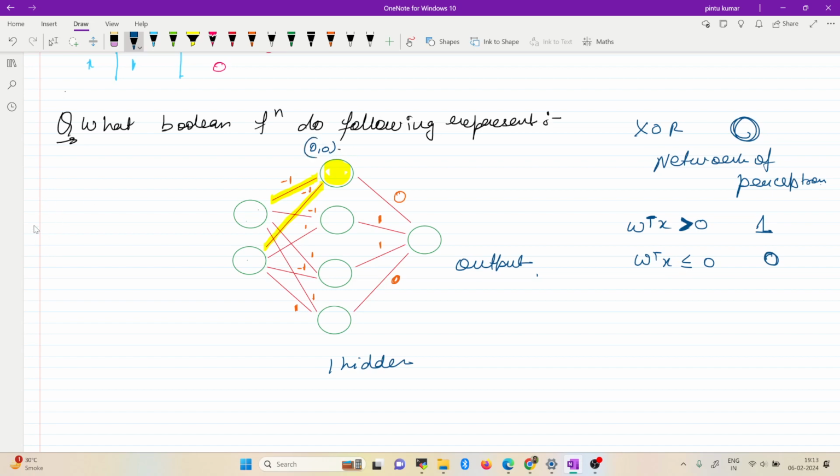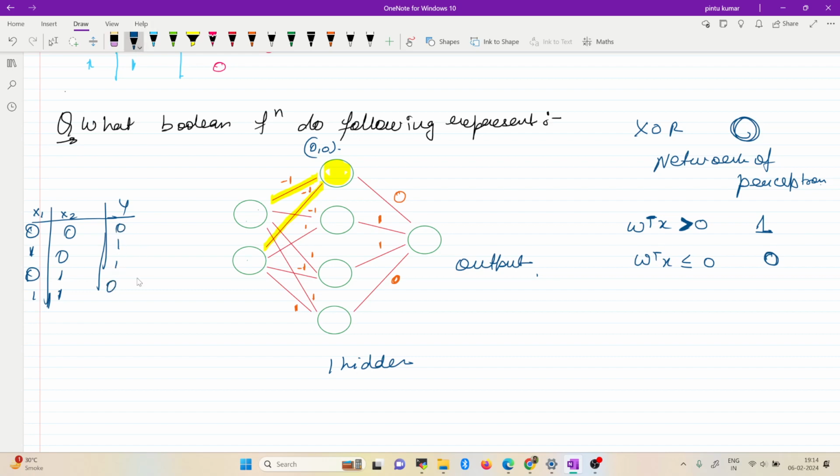Let's say you have some truth table with x1, x2, and some y. Then you will have 4 inputs: 0, 0, 0, 1, 1, 0, and 1, 1, and some output corresponding to it. Let's say I wanted to make this network for my XOR function. So the output would look something like 0, 1, 1, 0.